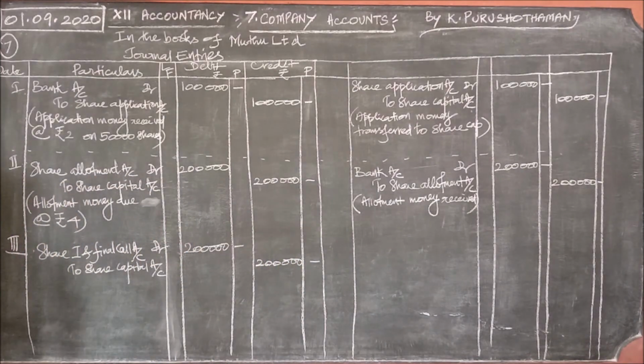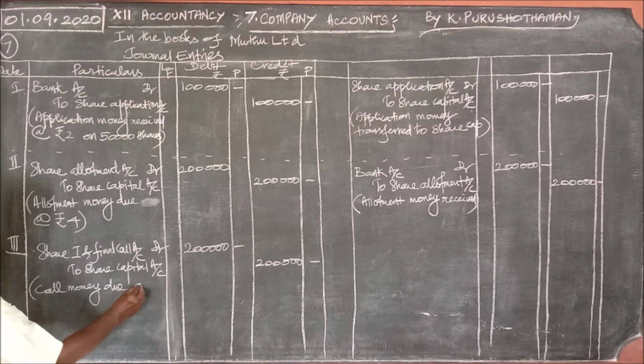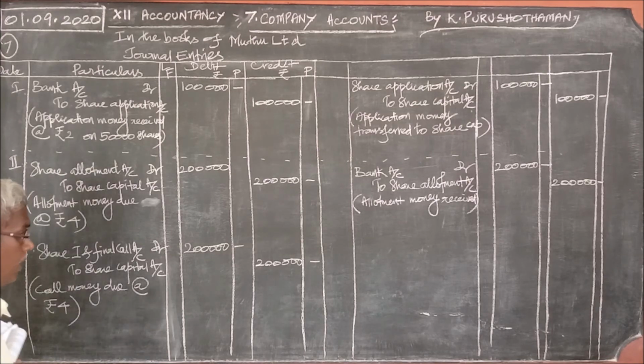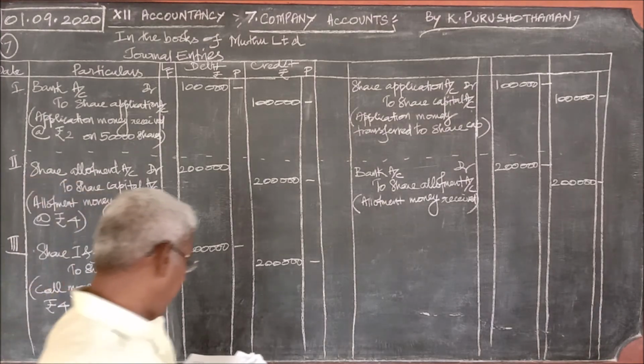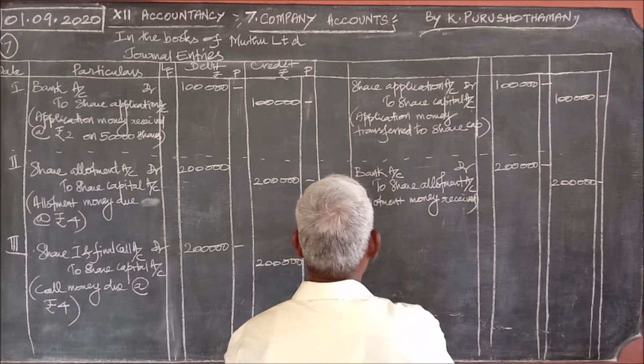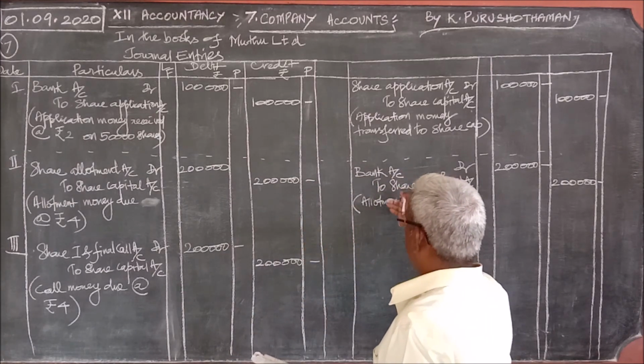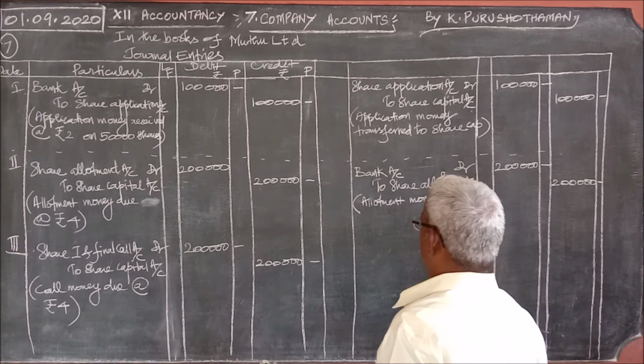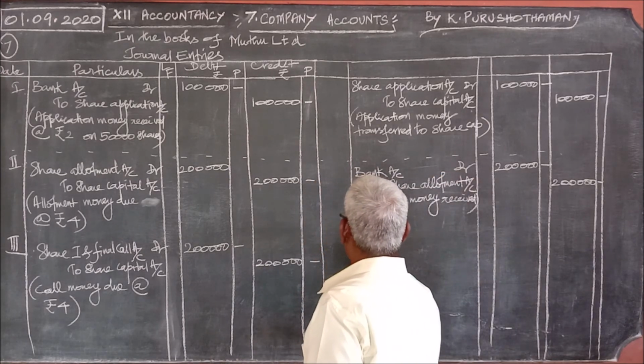Narration: call money due at the rate of rupees 4. And when the call money is paid, what should be the same journal entry? From the second stage onwards the same, only change the name of the stage. So what is it?